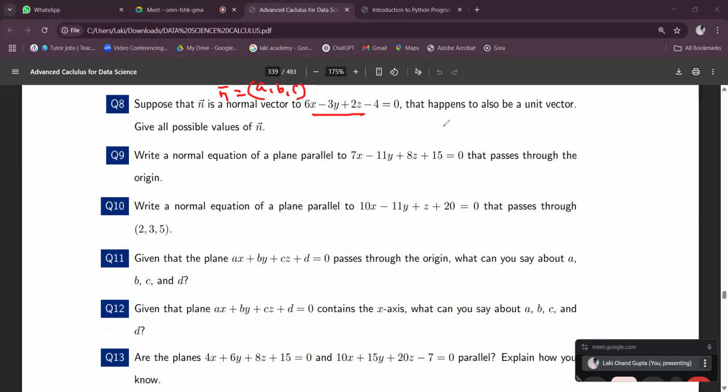So when you put 6 into 0, 3 into 0, 2 into 0, minus 4. If vector n is ABC, you can write 6A minus 3B plus 2C, right? No, no, no. This is AX.